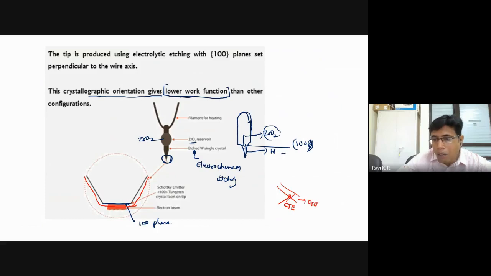If you have additional volume change, automatically the layer will come off. But what is happening here is that ZrO2 is forming as a layer only while you are heating. So that way it doesn't give much of a problem. The volume changes happen during the process, but again it is forming a layer.